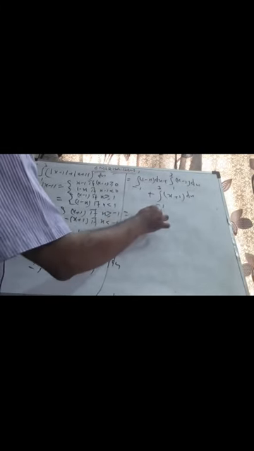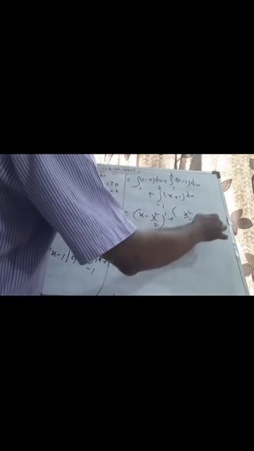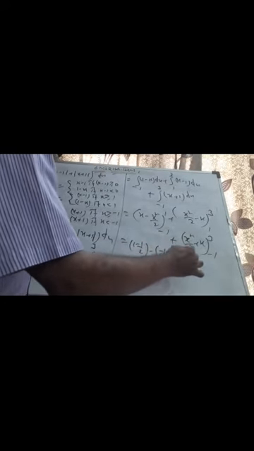Therefore I end up with x minus x squared by 2 from minus 1 to 1, plus x squared by 2 minus x from 1 to 3, then of course x squared by 2 plus x from minus 1 to 3. Let me apply the upper limit: 1 minus 1 by 2, minus, it will be minus 1 by 2. Of course here it is 9 by 2 minus 9, minus, I will end up with 1 by 2 minus 1. Then of course this will be 9 by 2 plus 9.